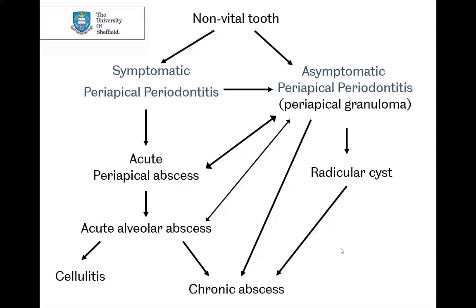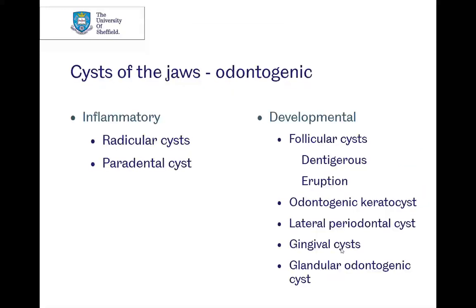And then similarly, it might settle down again. If a periapical granuloma is left for a period of time, it can then progress on to becoming a radicular cyst. Remember, you don't get a radicular cyst without having had a periapical granuloma first.